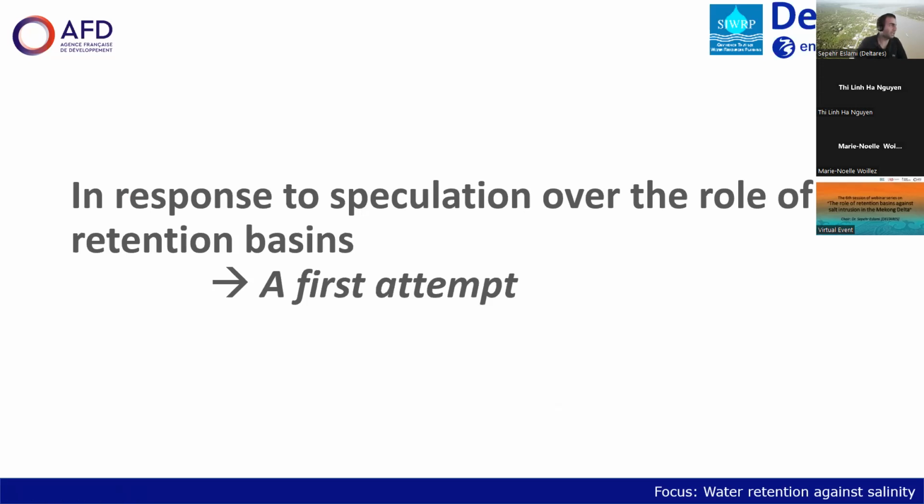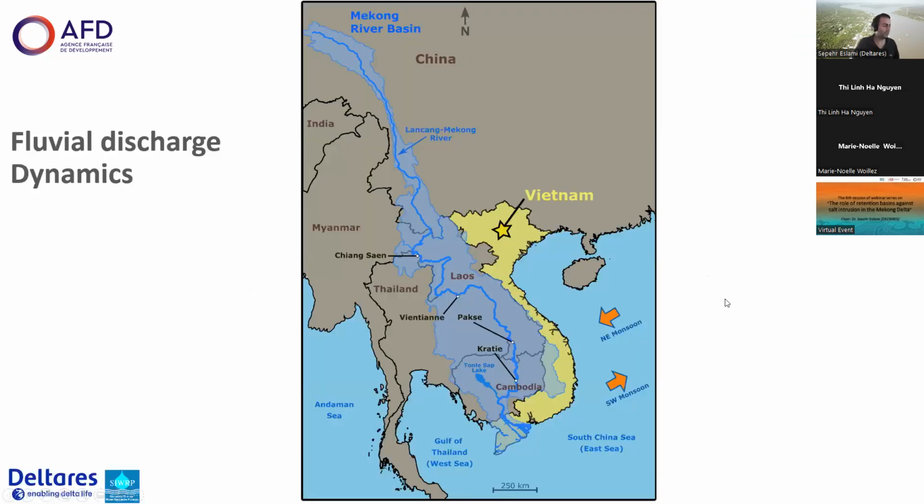Together with AFD, we did this exercise to see what the effect of water retention could be on salt intrusion. For that, I think we need to look at the larger picture of another factor that influences salinity, and that's upstream discharge.